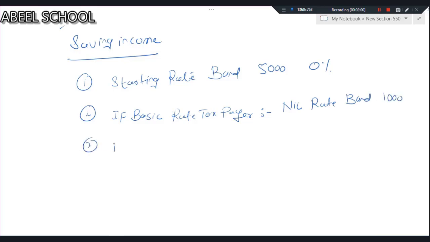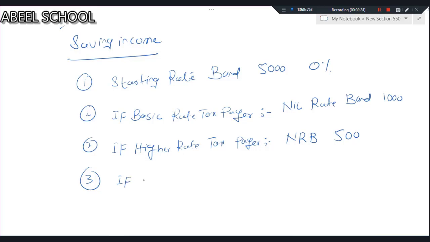Second, if an individual is a higher rate taxpayer, then the nil rate band is 500. If someone is an additional rate taxpayer, then that individual does not get any nil rate band.